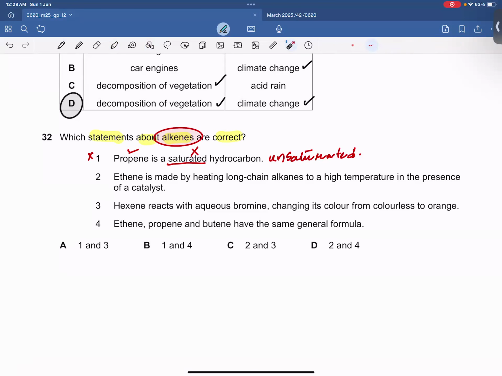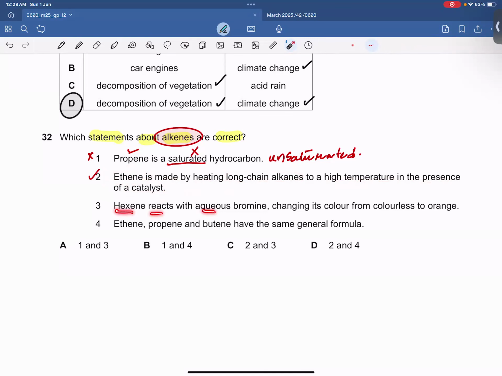Ethene is made by heating long chain alkane to a high temperature in the presence of a catalyst. That's true. When a long chain hydrocarbon is converted into an alkene using these conditions, obviously this process is going to be cracking. So through cracking we can get ethene.